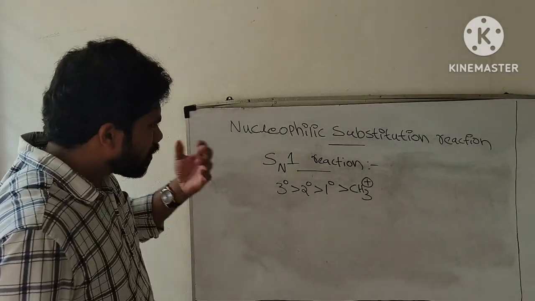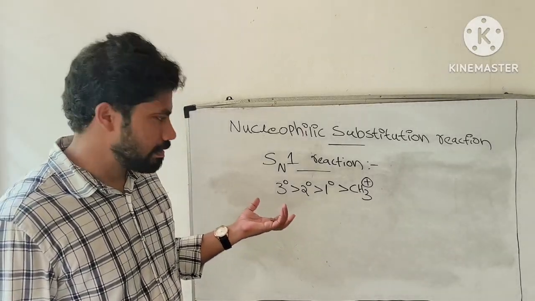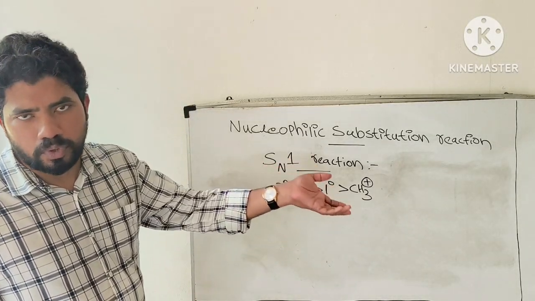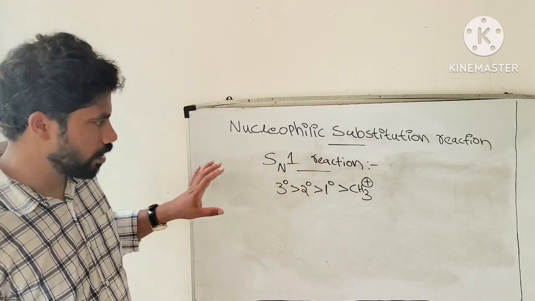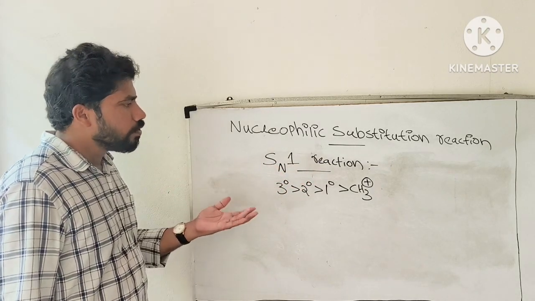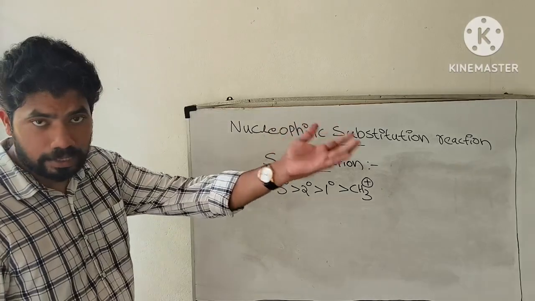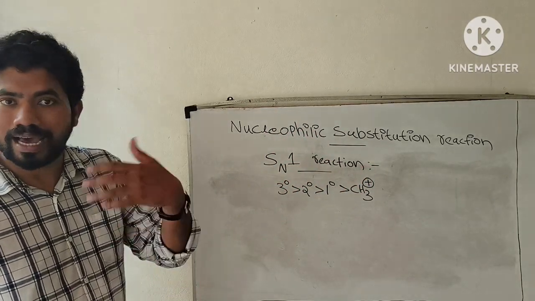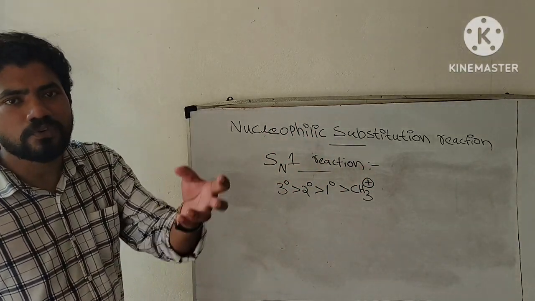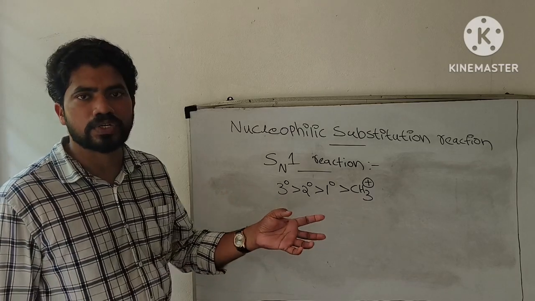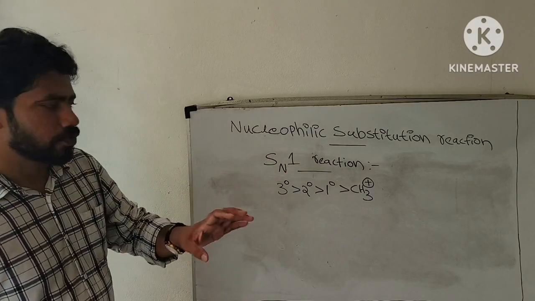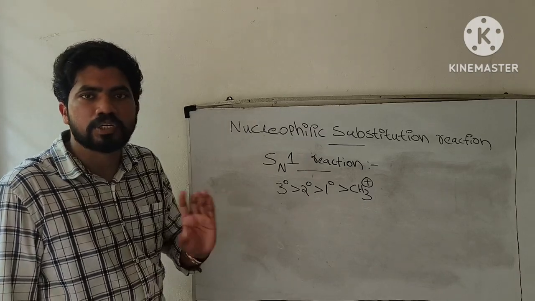So once the carbocation is formed easily, then the nucleophile will approach the carbocation. As we know, tertiary alkyl halide gives tertiary carbocation, which is highly stable. So the formation of tertiary carbocation will happen quickly, so the attacking of nucleophile will happen quickly.